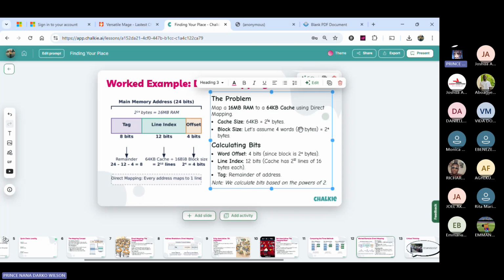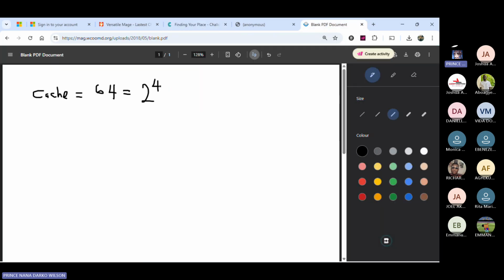We are assuming the block size is 16 bytes, so we convert that to a power of 2, that's 2 to the power 4.